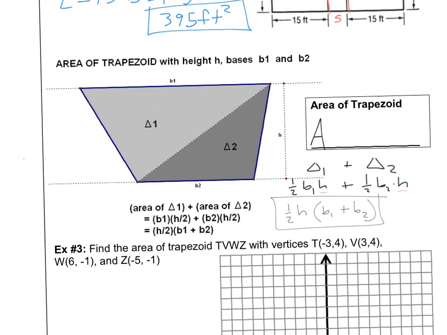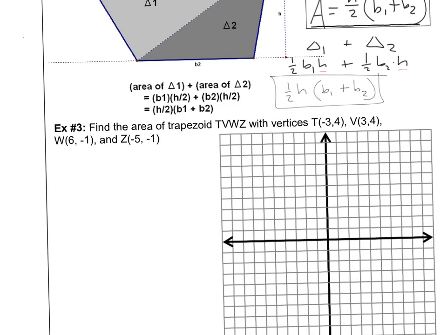Area of a trapezoid is, we usually just write it as height divided by 2 times base 1 plus base 2. You could also just write it kind of how I have here, 1/2 of height times base 1 plus base 2. Either one works.